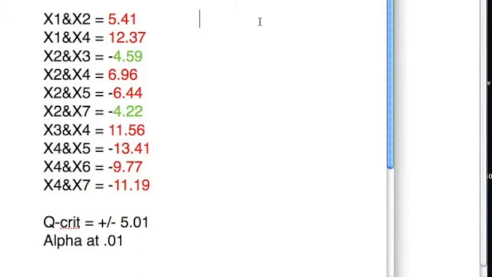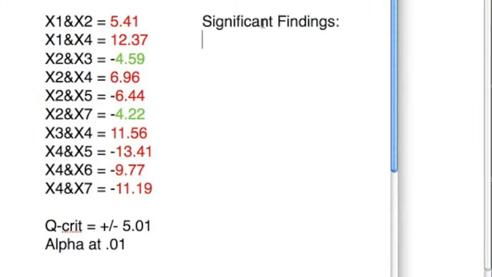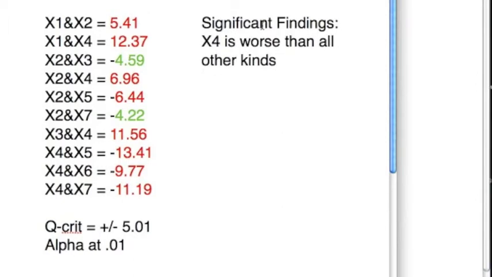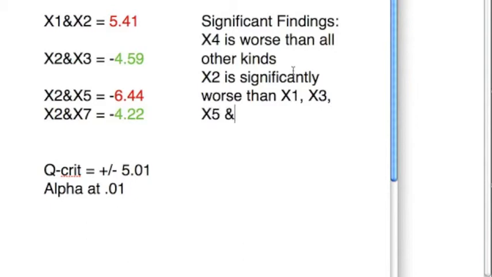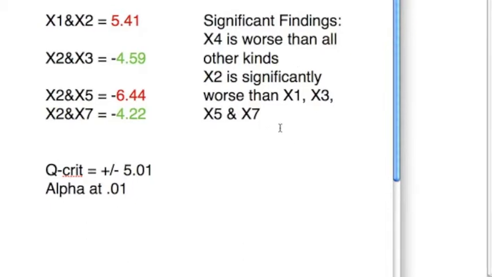So now I've consolidated the ones that have honest, significant differences according to Tukey, and we have to figure out what this is actually telling us. So I see that in all of these, x4 is the worst one. So that means whatever x4 stood for was significantly worse than all the other samples. Similarly with x2, it's worse than x1, it's worse than x3, it's worse than x5, and then x7.